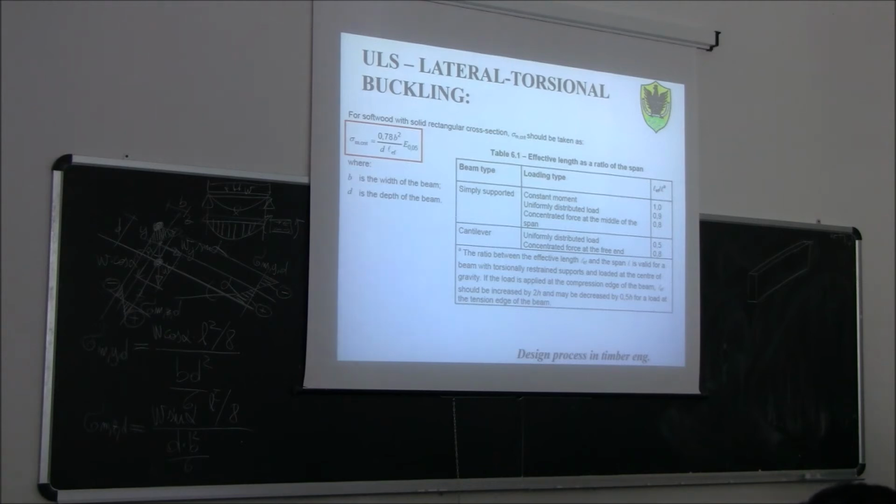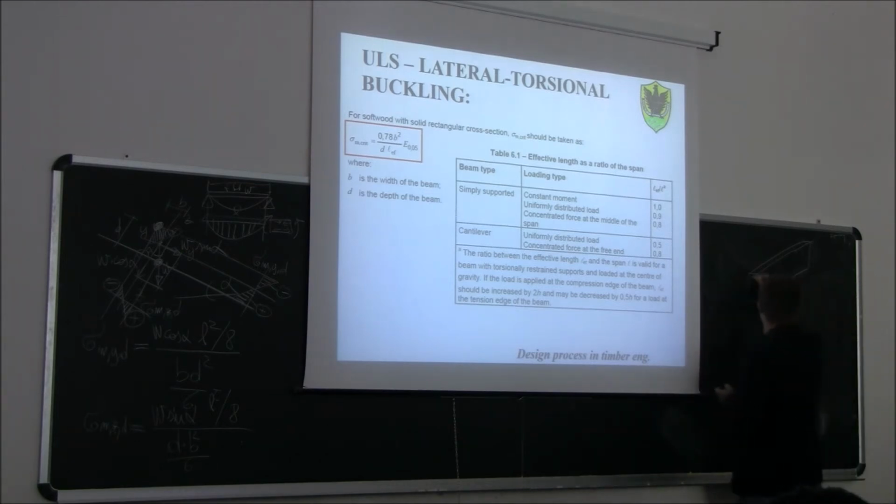A column may not be enough. It depends how it is connected to this. What is a torsional restraint? Which kind of degree of freedom should be restrained? It can rotate. So this cross section here should be in some way unable to move in this way.